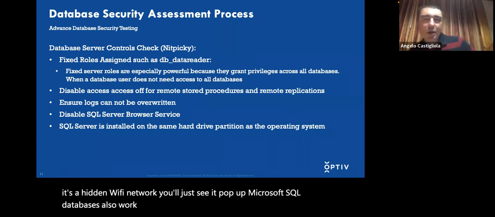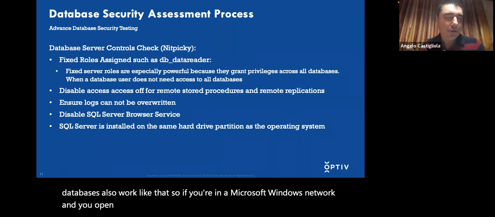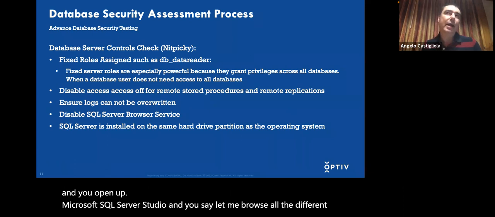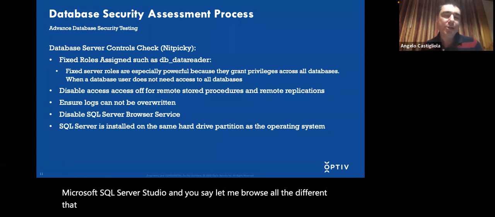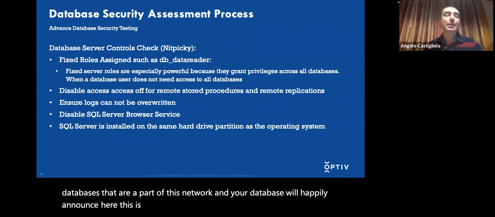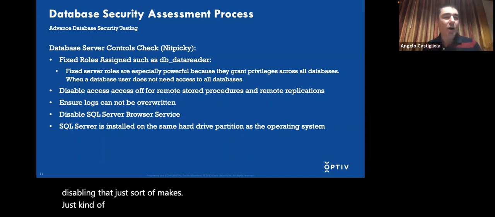If you're in a Microsoft Windows network and you open up SQL Server Management Studio and say, let me browse all the different databases that are part of this network, your database will happily announce, here, this is my instance and this is how you connect to me. So disabling that gets the database off the radar.